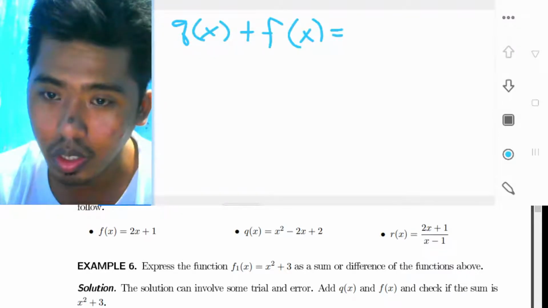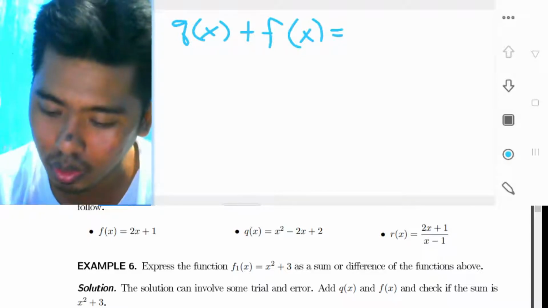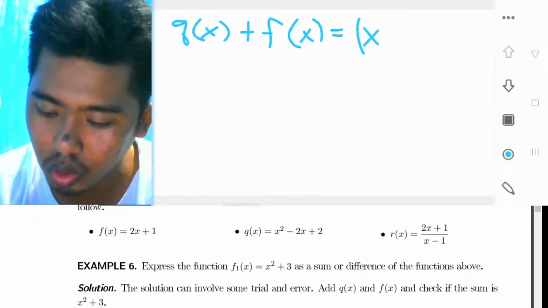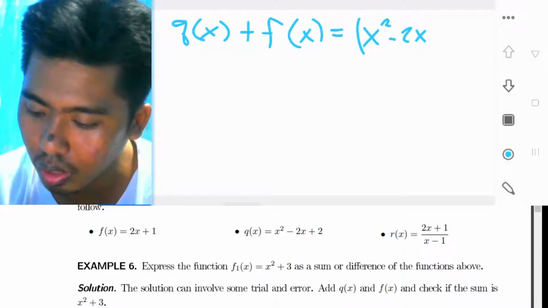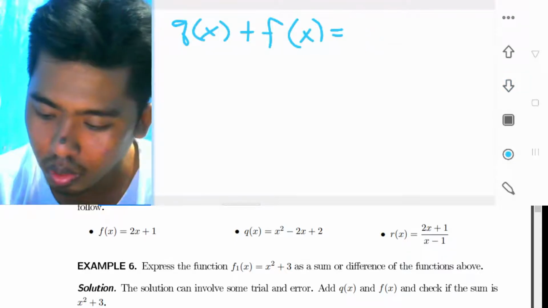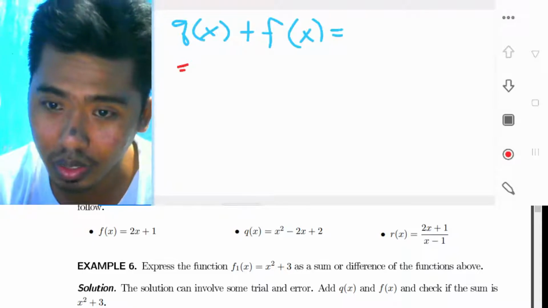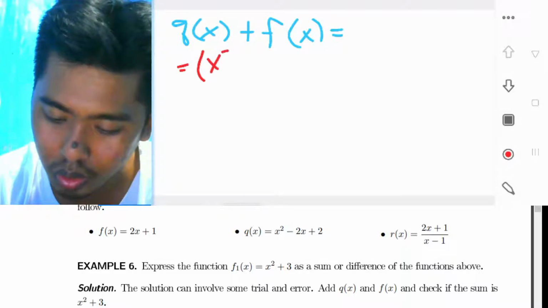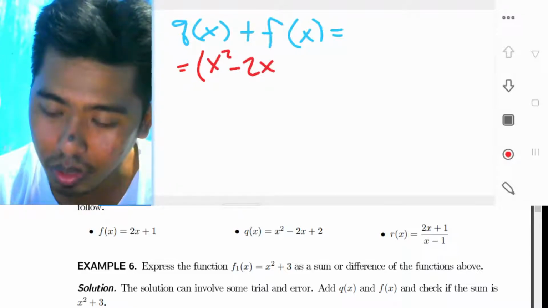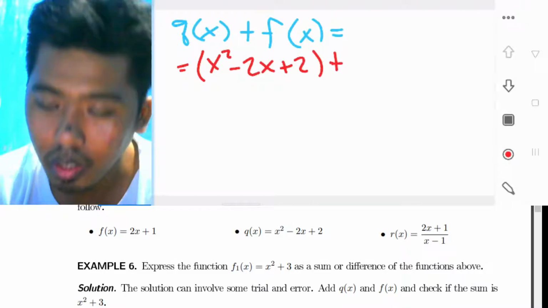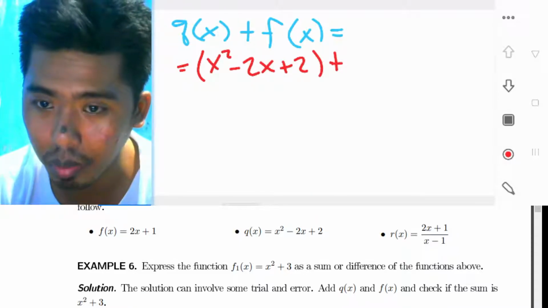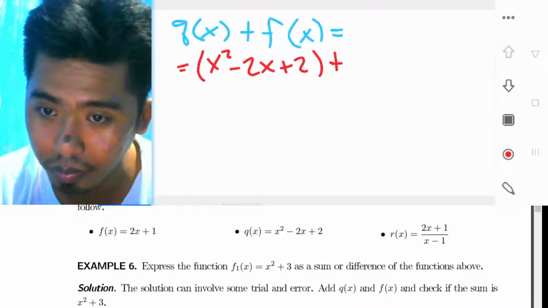Now, the value of q of x is x squared minus 2x plus 2, then plus f of x, which is 2x plus 1.